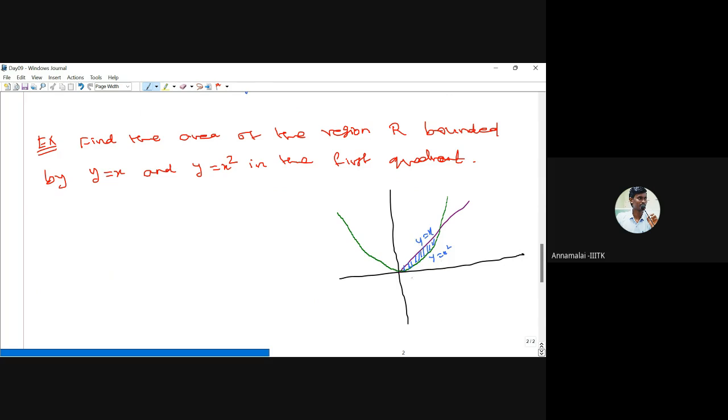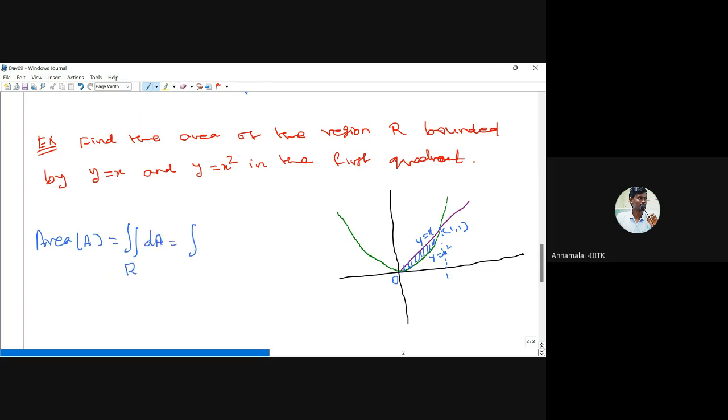Now clearly, we have a lower limit of 0. The maximum, this point touches, what is the point actually? 1, 1. So this point is actually x equal to 1. Therefore, what is the formula for area? Area A is the double integral over the region R of dA, because the function is 1.